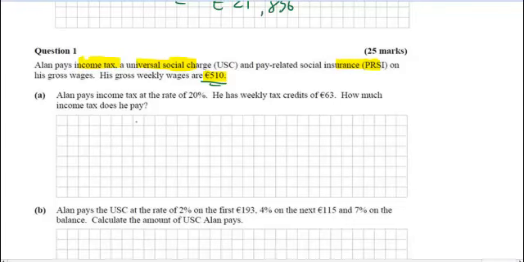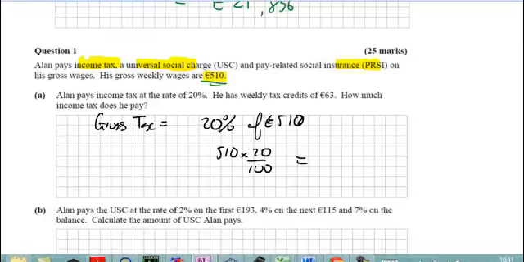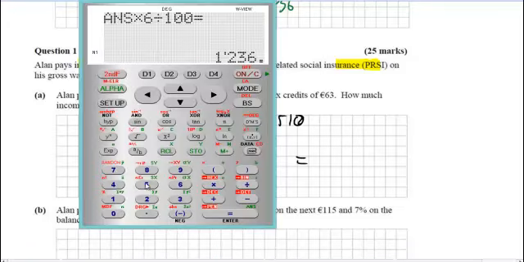Well, the gross tax is 20% of the 510. So that's 510 multiplied by 20 divided by 100, and that's equal to 102.